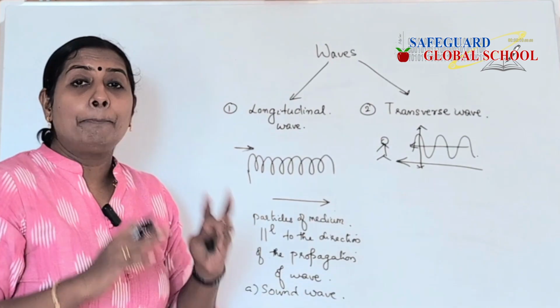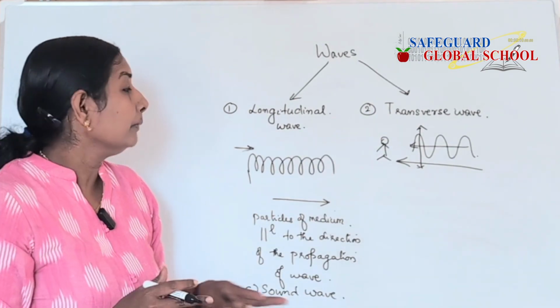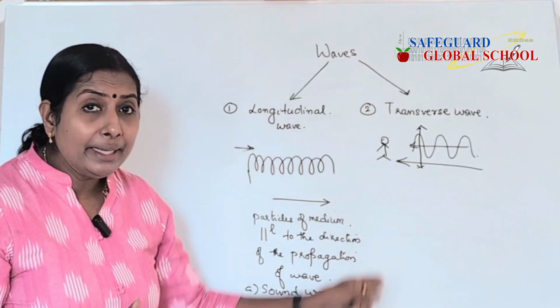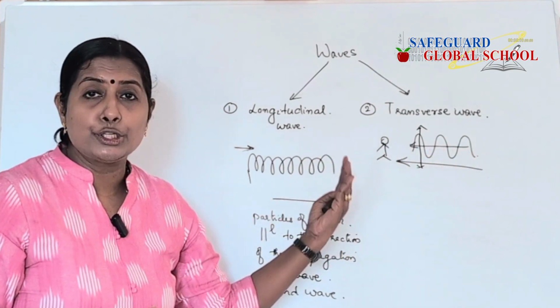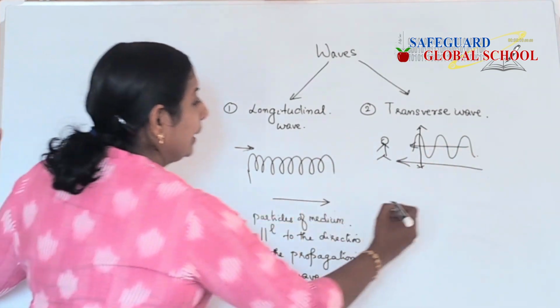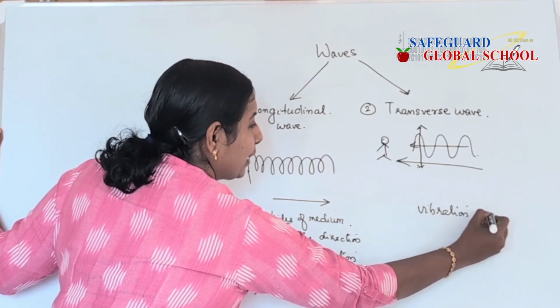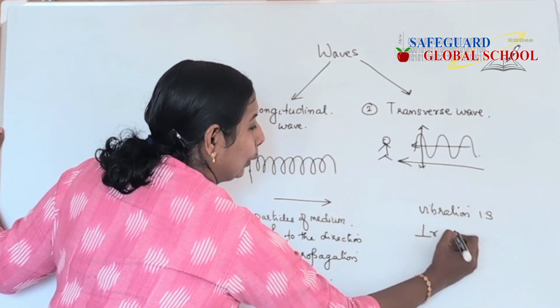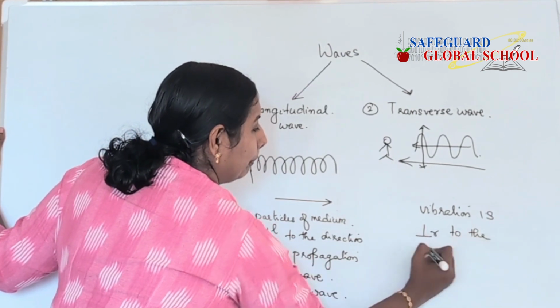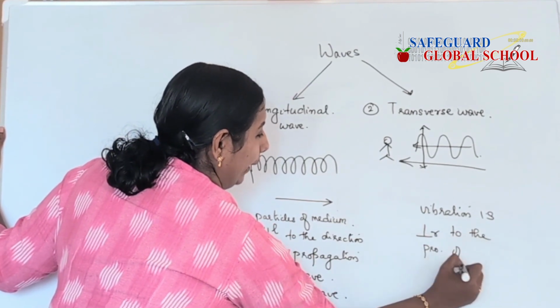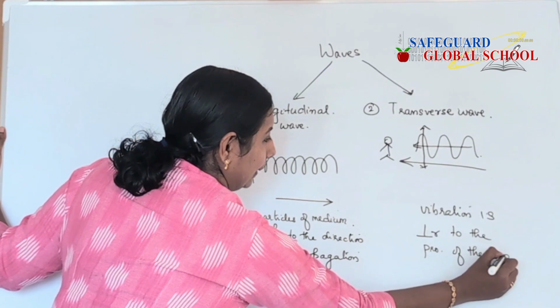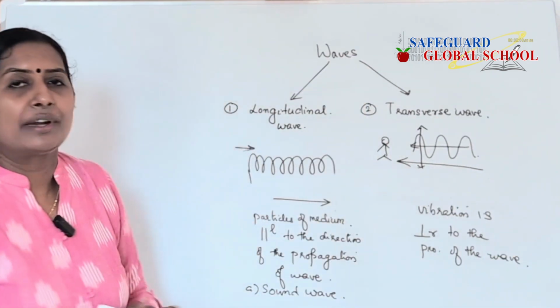So here, the particles of the medium vibrate perpendicular to the direction of propagation of the wave. So what is the point to be noted? Vibration is perpendicular to the propagation of the wave. So that is the peculiarity of a transverse wave.